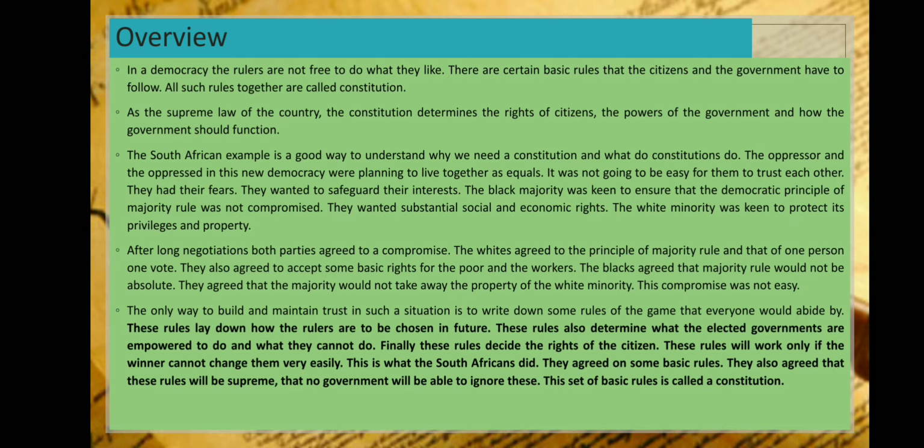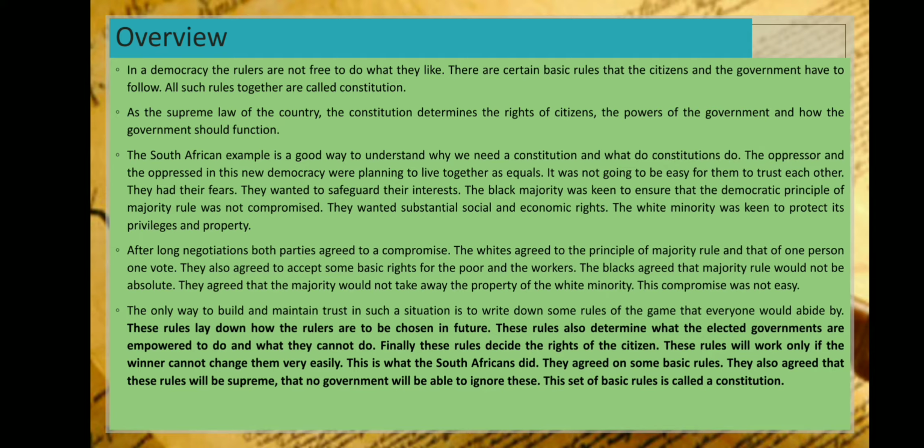The only way to build and maintain trust in such a situation was to write down some rules of the game that everyone would abide by. These rules lay down how the rulers are to be chosen in future. These rules also determine what the elected governments are empowered to do and what they cannot.